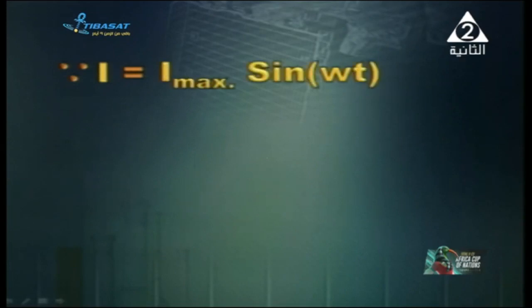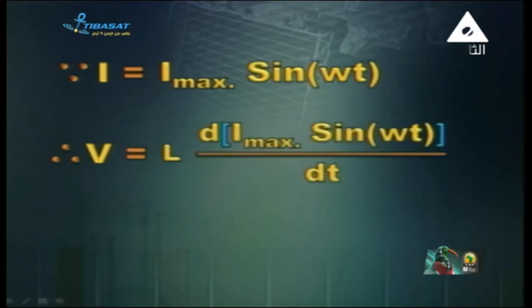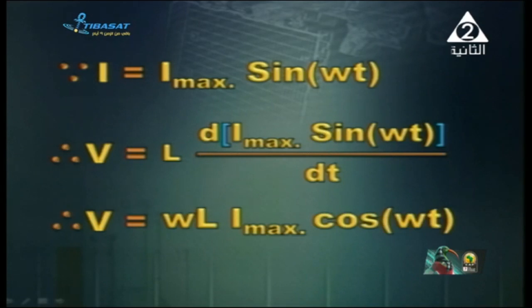Since instantaneous current is equal to I maximum sine omega t, the voltage is equal to L di by dt, substituting for the current. So d between two brackets I maximum sine omega t. So V will be equal to omega L I maximum cosine omega t.